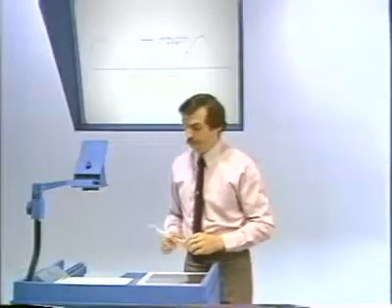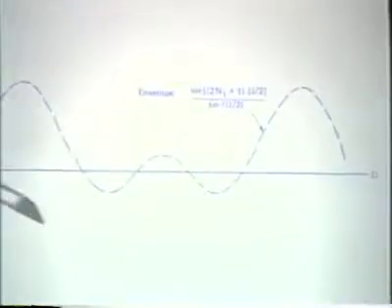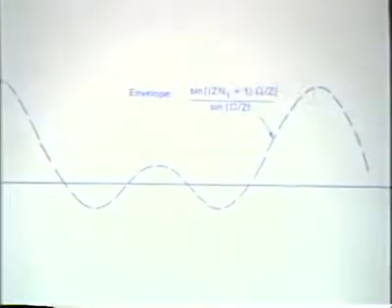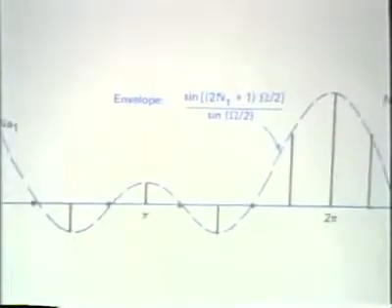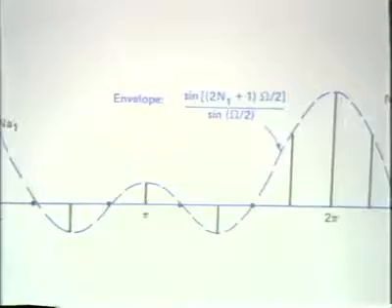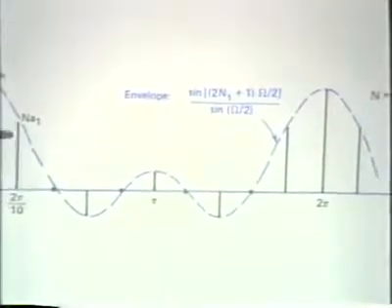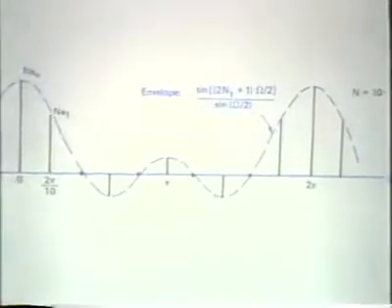So for this square wave example, we have the sine nx over sine x envelope function, and for a period of 10 samples, these samples of this envelope function represent the Fourier series coefficients.